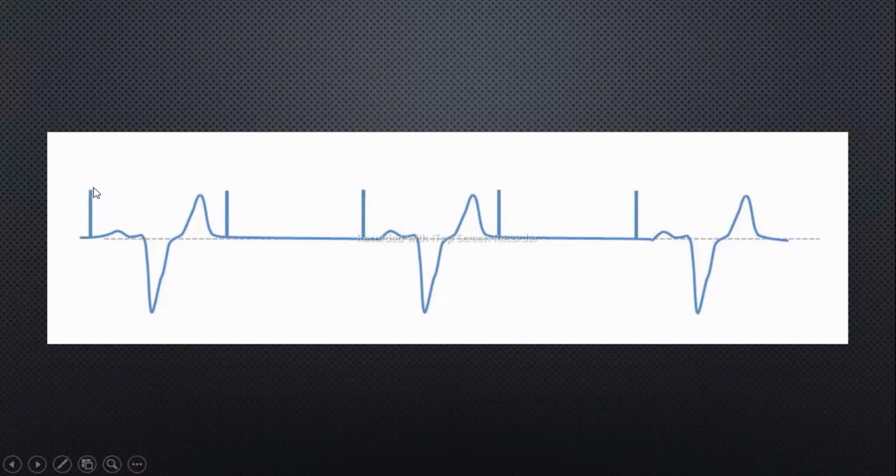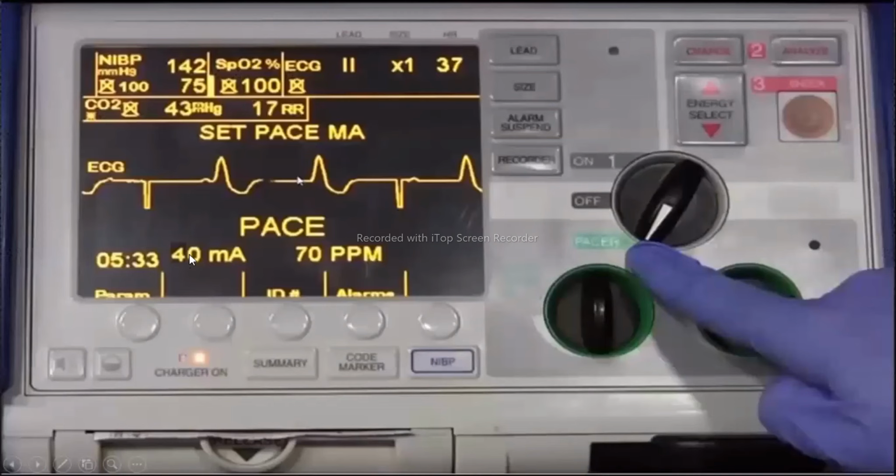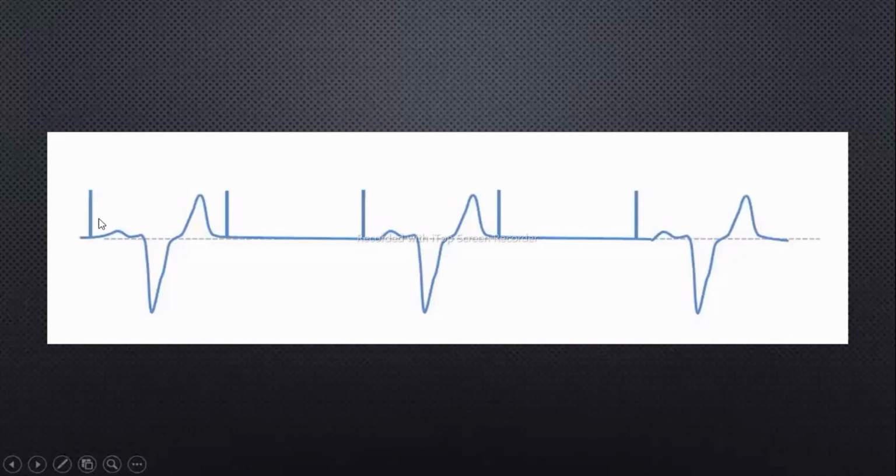So this is called pacing rhythm without electrical capture. Electrical capture means it should be followed by QRST. What you will do, you will increase the milliampere by 10, it will be 40, and check. Is it electrical capture, guys?